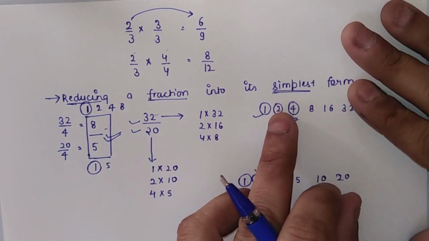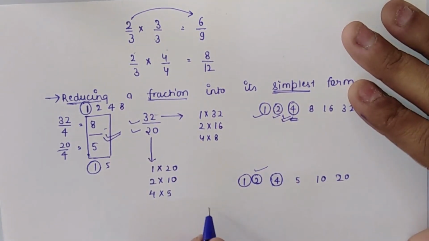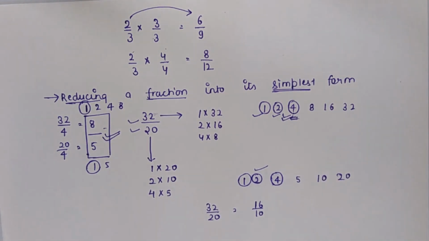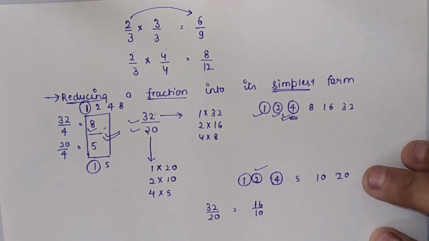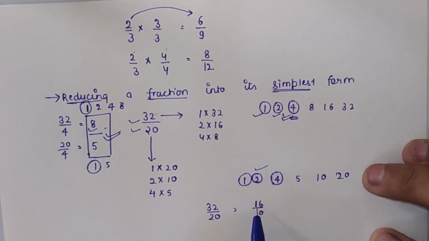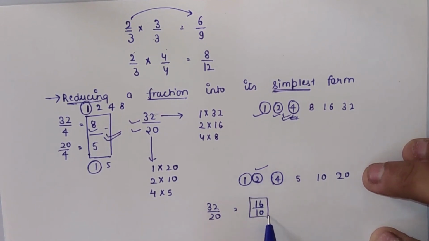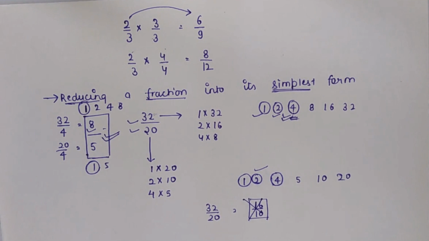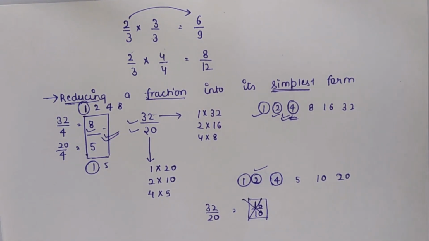If we had divided 32 by 20 by 2, we would have gotten 16 by 10, which is not in the simplest form, since the simplest form is 8 by 5. If I divide by 4, I get the simplest form directly. So for any fraction, we divide it by its highest common factor, the HCF, and we get the simplest form directly.